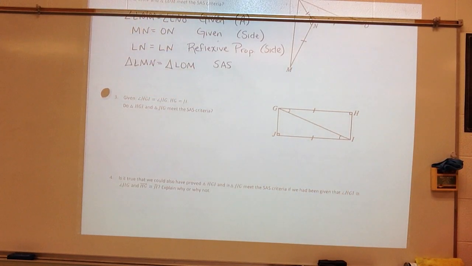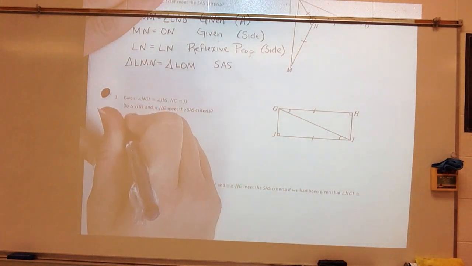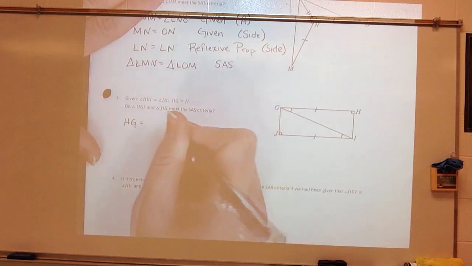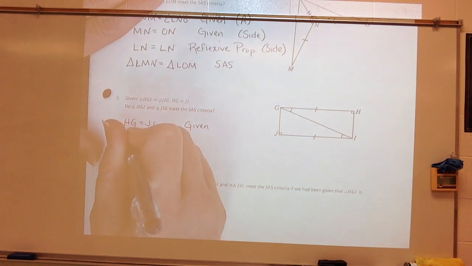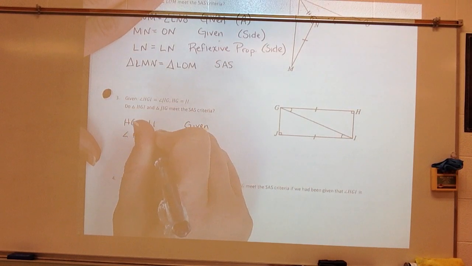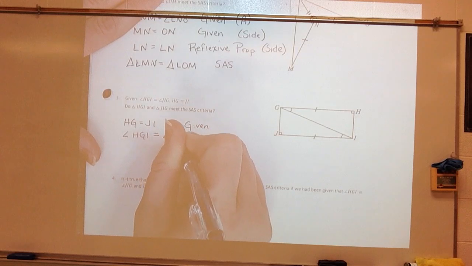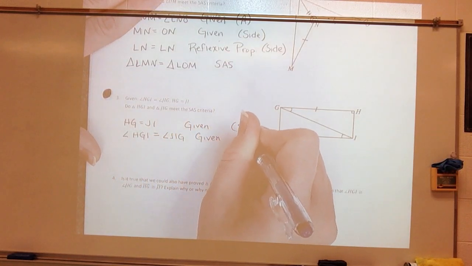So I've got a side and I've got an angle. HG is equal to JI. That is given. Angle HGI is equal to angle JIG. That is given. There's my side.